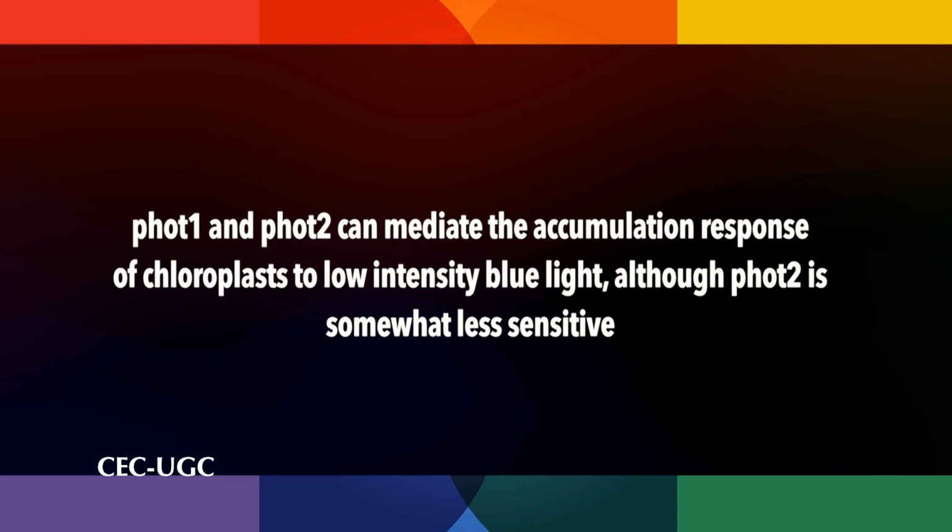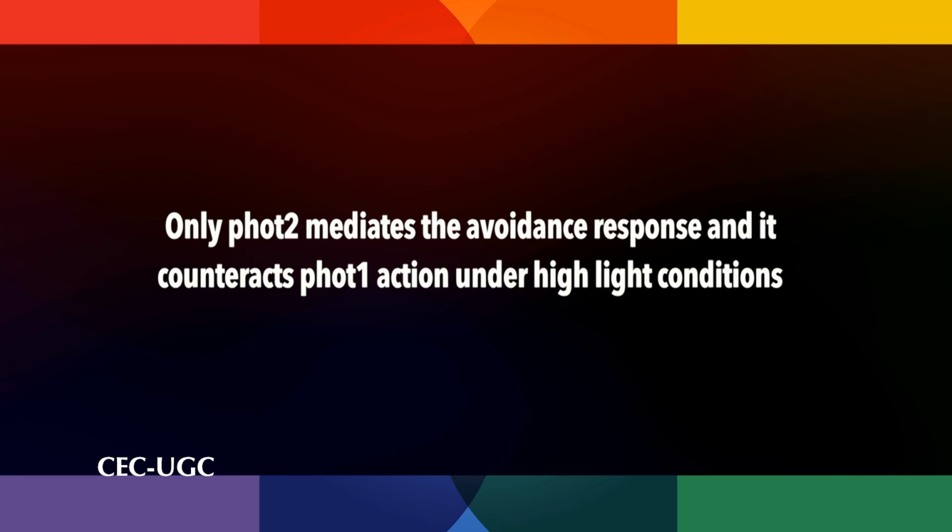Hence, both Phototropin-1 and Phototropin-2 can mediate accumulation response of chloroplasts to low intensity blue light, although Phototropin-2 is somewhat less sensitive than Phototropin-1. Only Phototropin-2 mediates the avoidance response and it counteracts Phototropin-1 action under high light conditions.